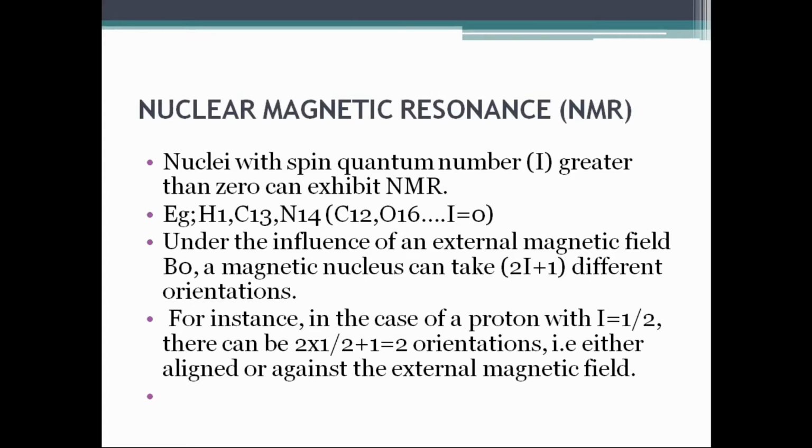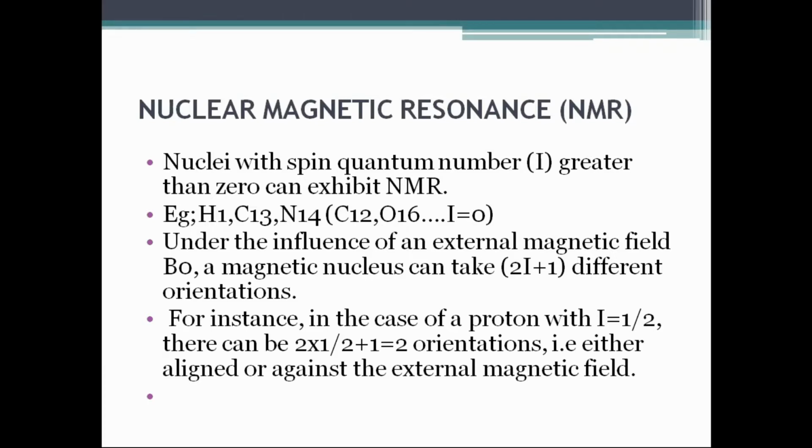What is in the nucleus? In the nucleus we have protons and neutrons. The proton is positively charged and the neutron has zero charge. Just like the electron, the nuclear particles can also spin on their own axis.